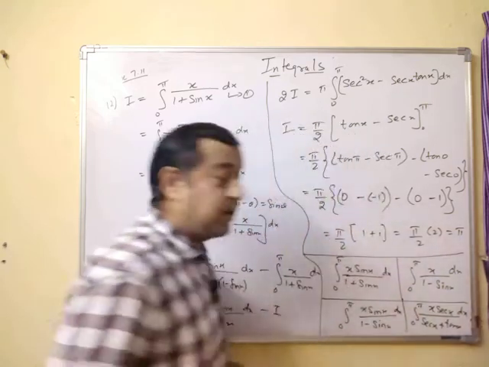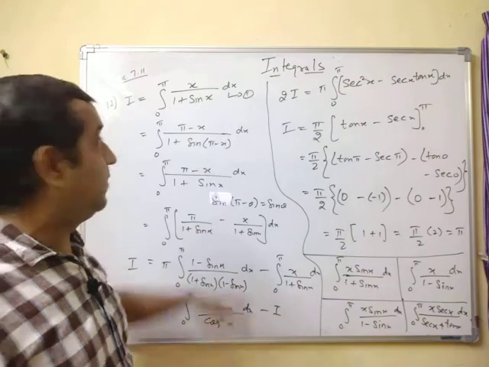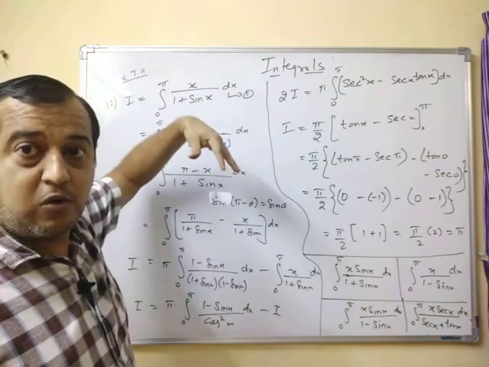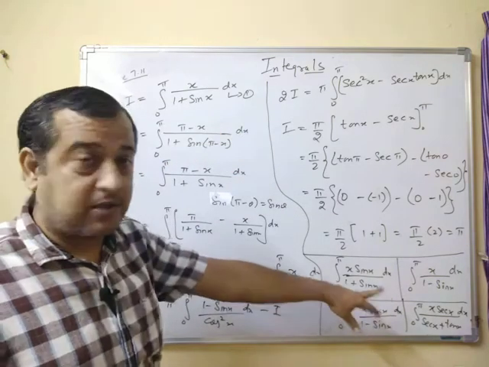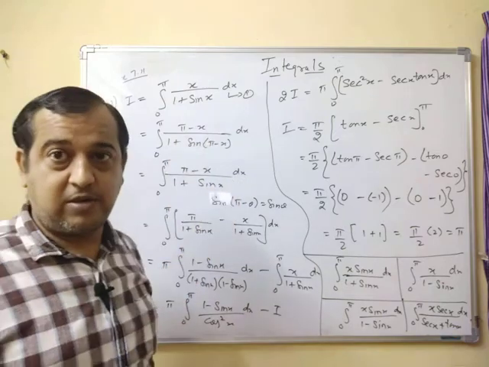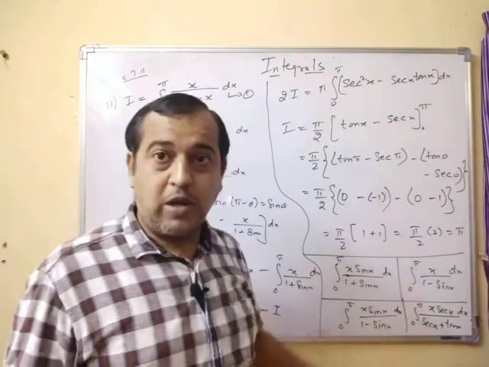Means you can get this problem also. If we divide numerator and denominator both by cos, x divided by cos, reciprocal of cos is sec, you get x sec x, 1 by cos is sec x, sin by cos is tan x. So in all, from this one problem, these 3 problems came.